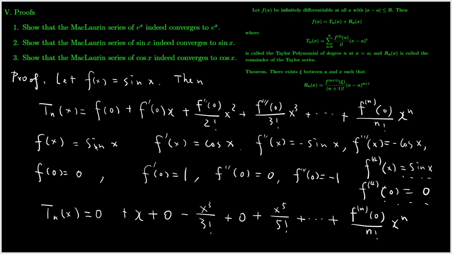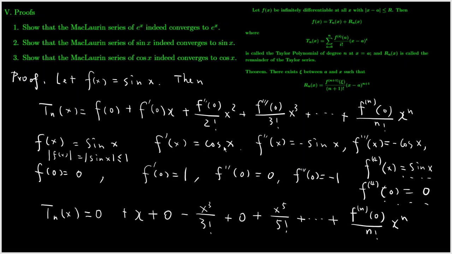The function is sine of x. Sine of x is always in between -1 and 1. So the absolute value of the function, which is the absolute value of sine of x, is always less than or equal to 1. Likewise, the derivative of the function is cos of x.